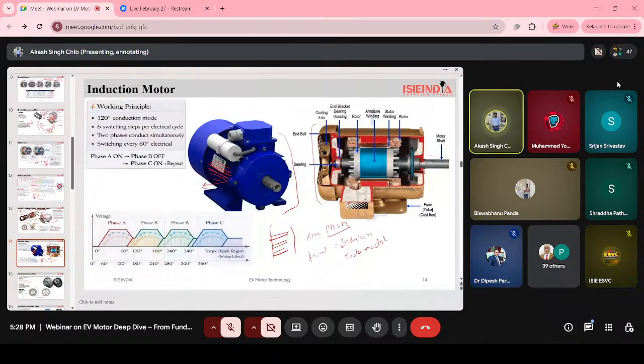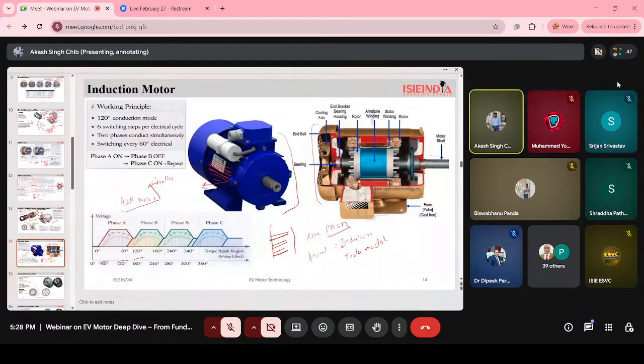And the switching is done with the help of a Hall sensor. The Hall sensor gives a signal and communicates with the controller part, and the controller gives the direction to the phases, which phase to turn on and which phase to turn off.